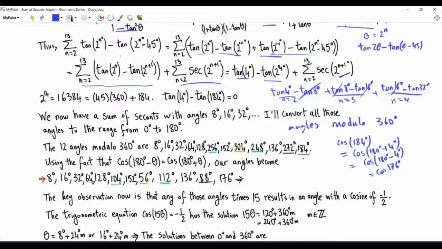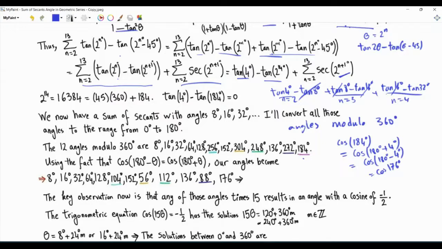So here is the key observation. The key observation is that any angle in this set of angles, if multiplied by 15, will give you an angle whose cosine is minus 1 over 2. So if you take 8, 8 times 15 is 120.